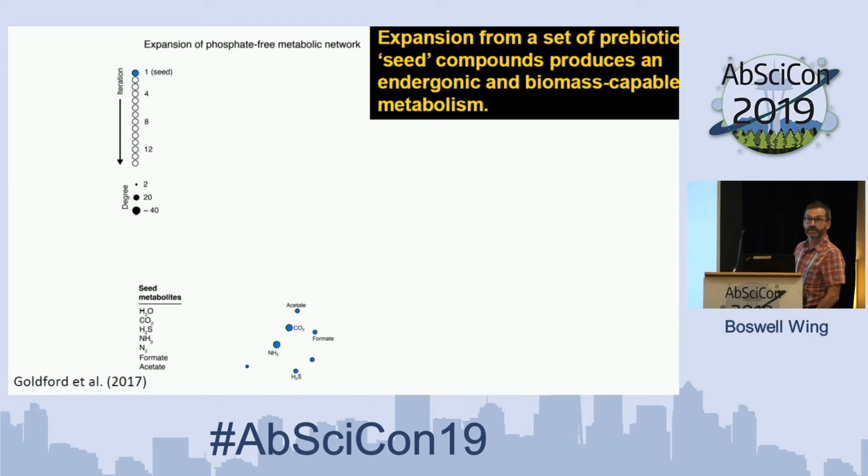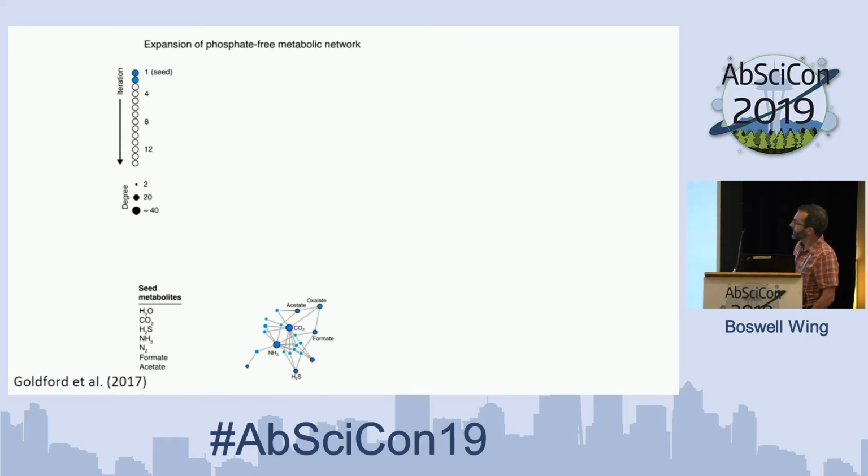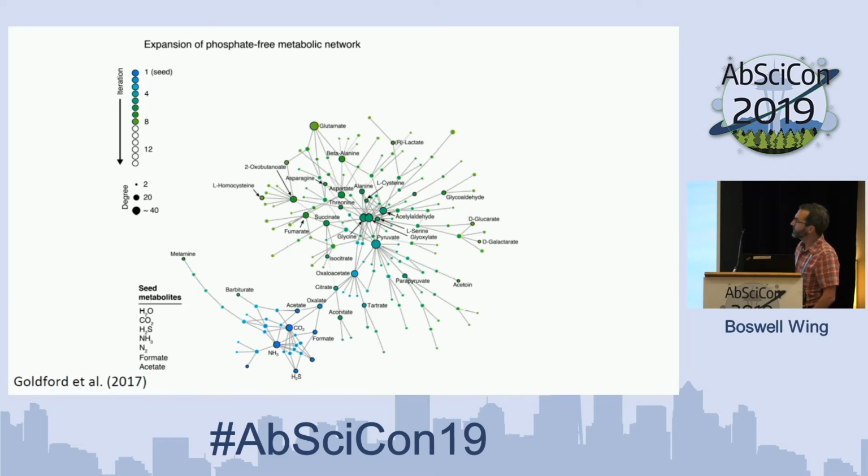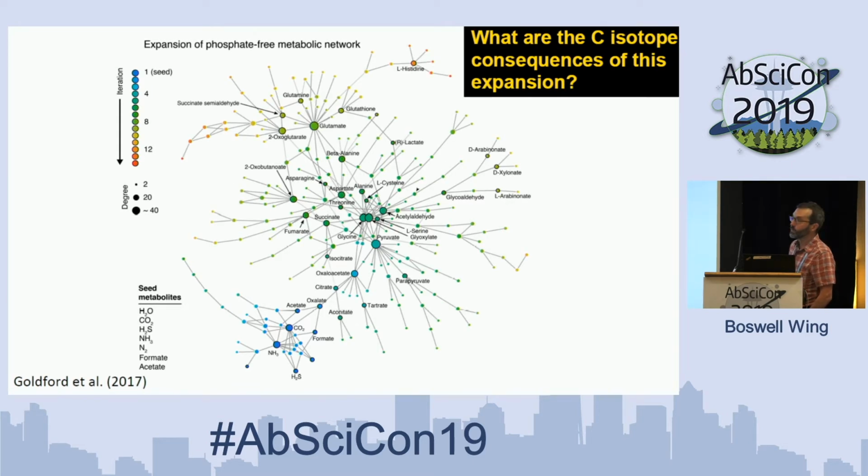And so essentially what Daniel and Josh did is they went ahead and ran a network expansion associated with this metabolism. And they were able to show that not only was it endergonic, it was capable of producing biomass. And what we wanted to know is, what are the carbon isotopic consequences of this expansion?